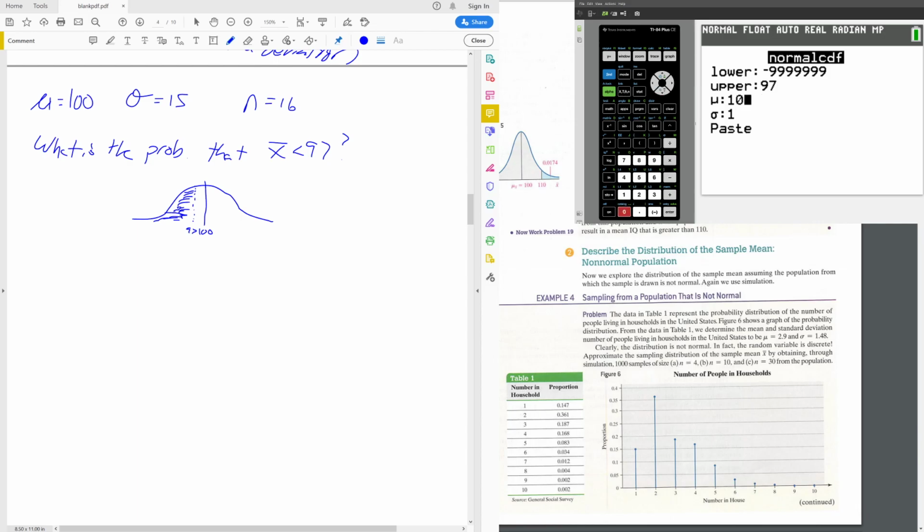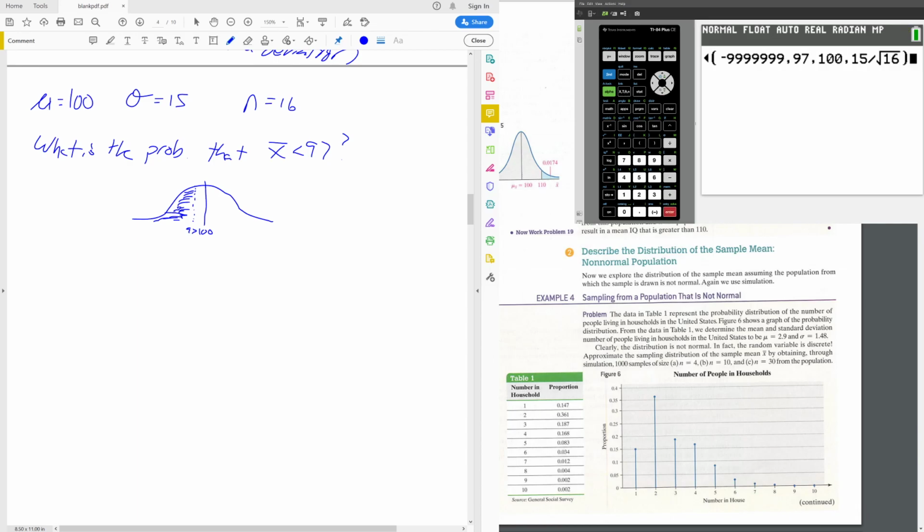My average is 100. And here is where we have to remember the difference that we're now using a sample distribution. So we have to put in 15 divided by the square root of n, which is 16. Or we could do this work ahead of time and put in an actual number there. But we can also just plug it in like this. I choose to do that because if I make an error in my calculation, this just takes that step away.